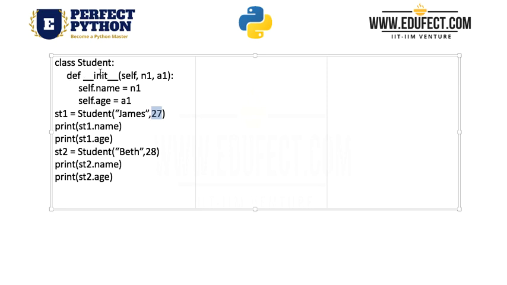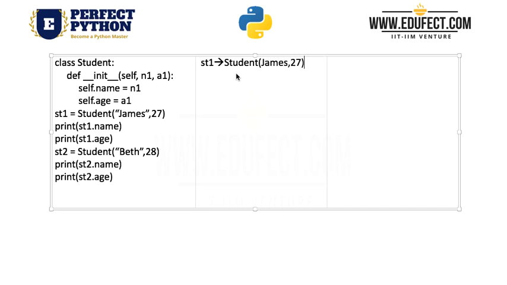It will go into the constructor because it will always get called when we are constructing an object, and self.name will get n1 which is James, and self.age will get a1 which is 27. So st1 in this case will become an object of type student, and it will have two attributes, and the attributes will now have the values James and 27.